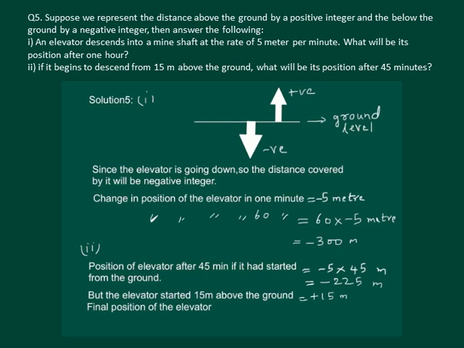Hence the final position of the elevator will be minus 225 plus 15, which is equal to minus 210 meters. Remember here, the negative sign only denotes that the elevator is going down and the position of the elevator below the ground level is 210 meters.